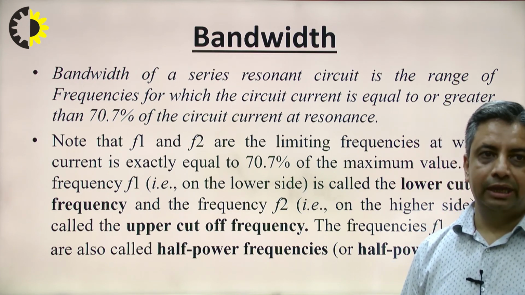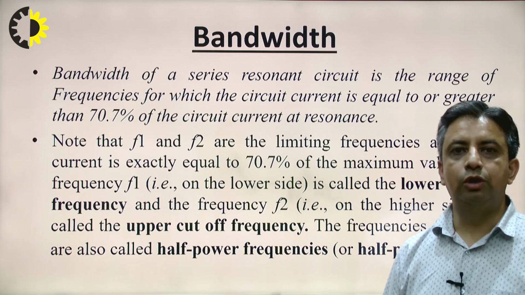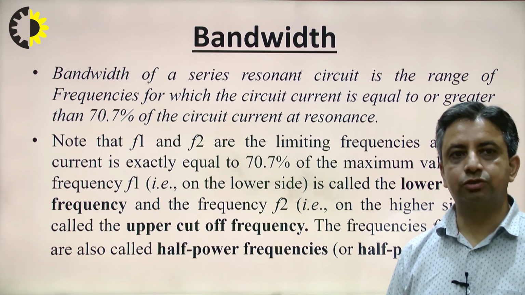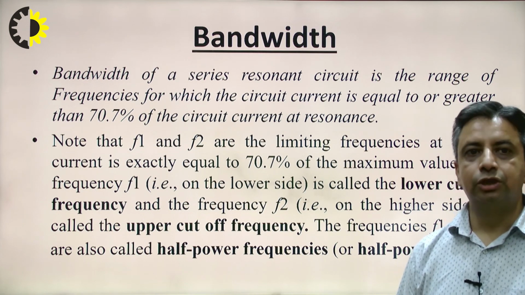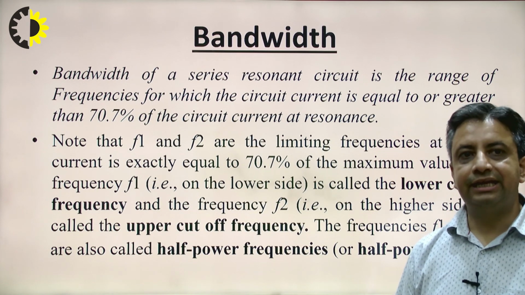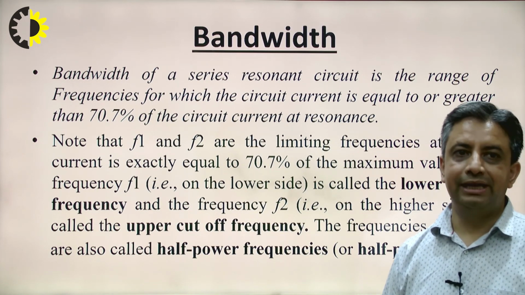The lower end frequency is called the lower cutoff frequency, and the upper frequency is called the upper cutoff frequency. Bandwidth is denoted by del f, and it is the difference f2 minus f1.